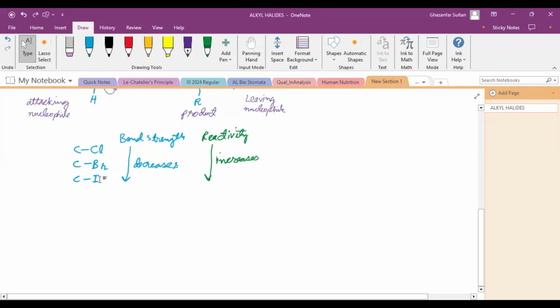Not just SN1, any type of nucleophilic substitution reaction, easily as compared to alkyl bromides, and alkyl bromides can undergo SN reactions easily as compared to alkyl chlorides.